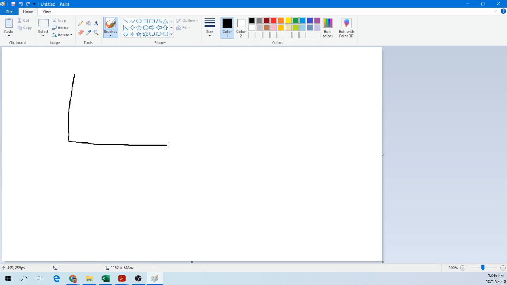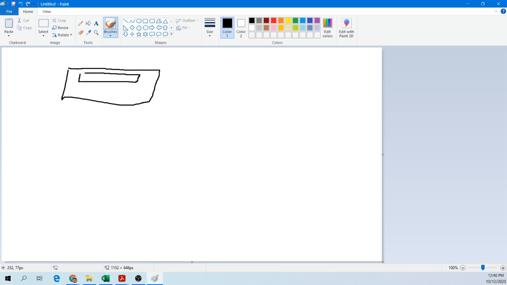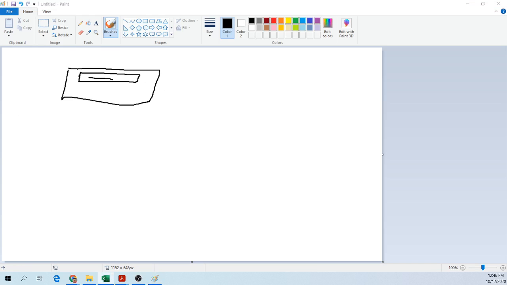Say for example, this is the CD drive or DVD drive on your computer, and it has an opening something like this, and you would press a button or the eject key on your keyboard, and a tray would pop out from your computer, and in that tray is where you would put your CD or your DVD.